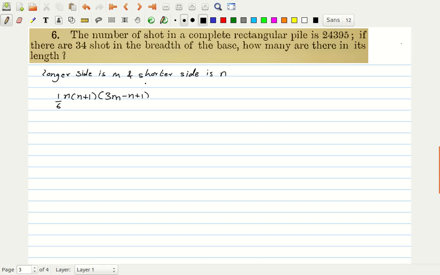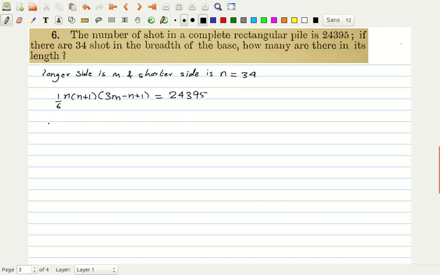Now we have been given that this number is equal to 24395, and we have also been given that n is equal to 34, and we simply have to solve this problem now.